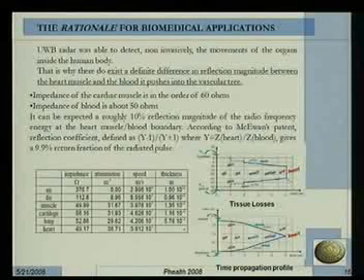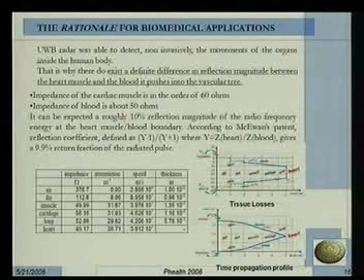So the electromagnetic wave crosses, starting from the air, a fat layer, muscles, cartilage, lung, heart. And then we have the same path but backward. And the overall path, forward and backward, produces an attenuation of the signal.